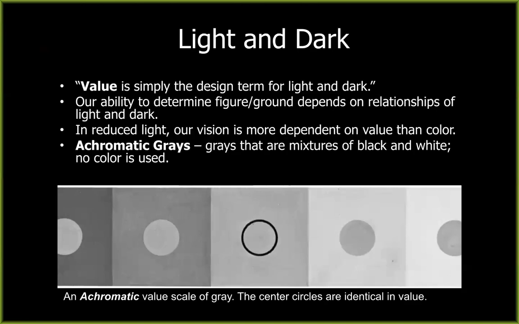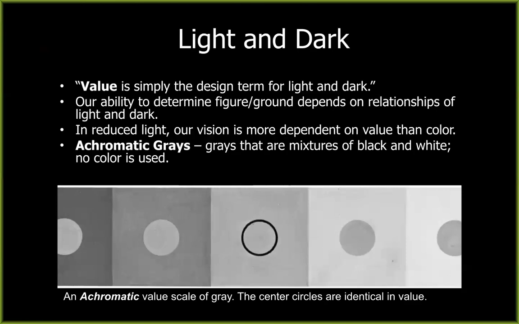The middle circle is the same middle gray in all the examples, but you can see that it appears to change as the gray behind it changes. This is an achromatic gray scale, and we can see about 40 levels of value. Most humans can see about 40 levels.